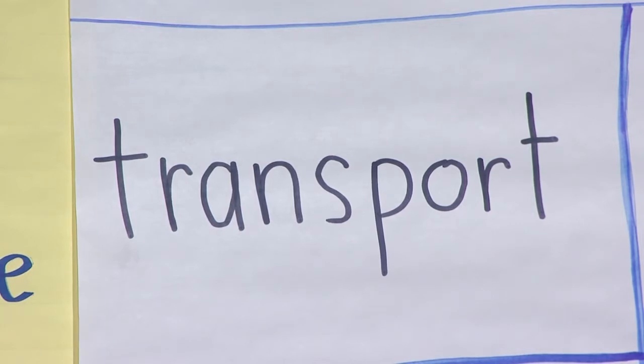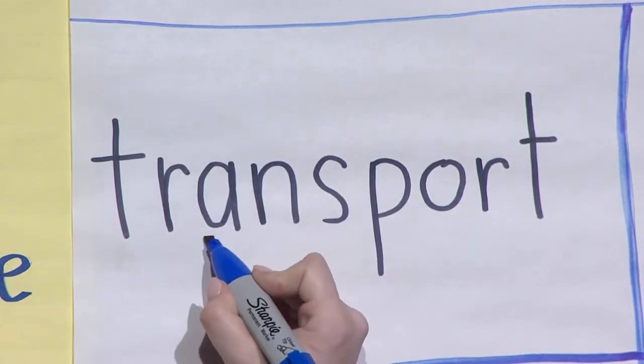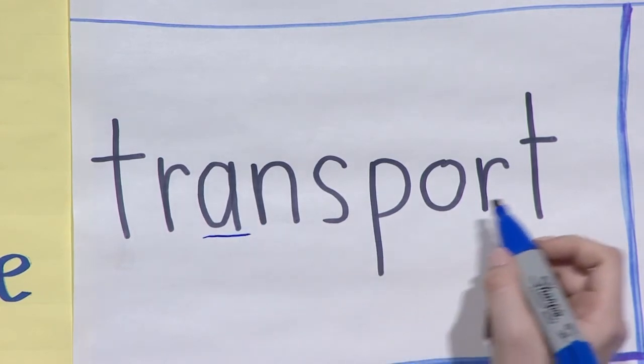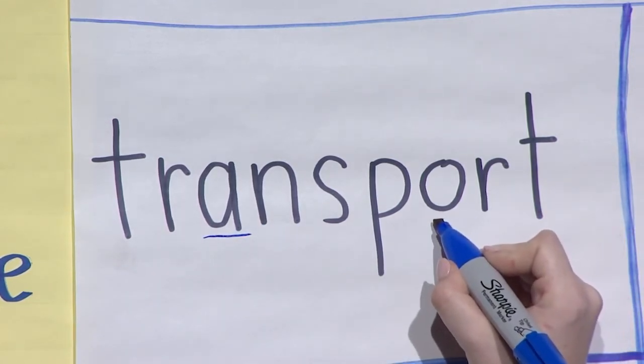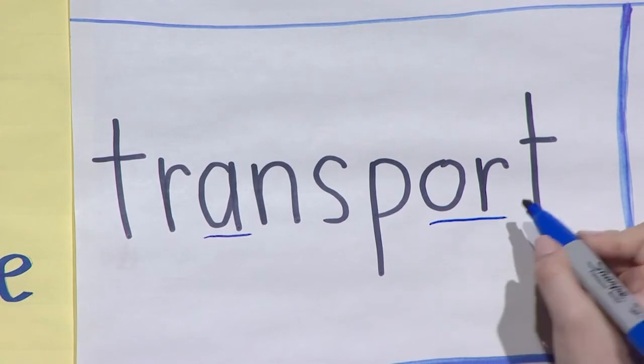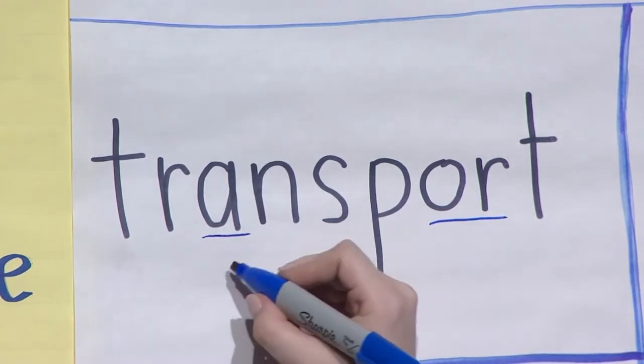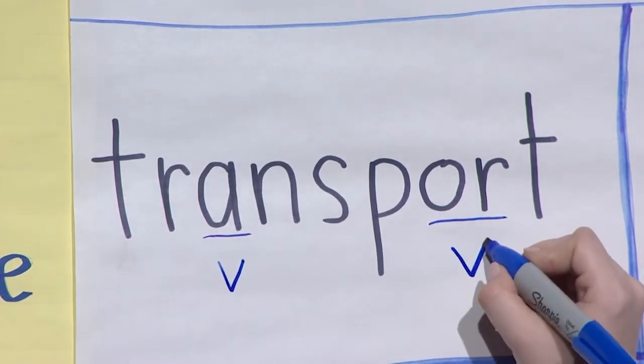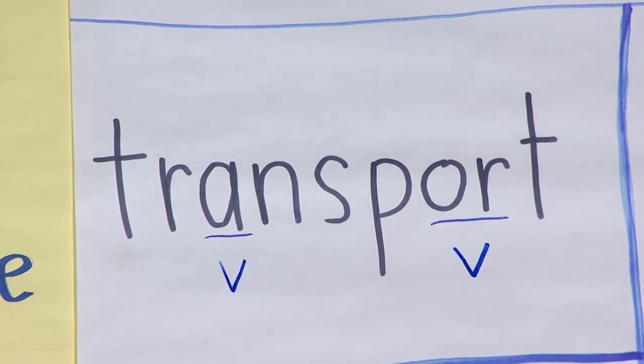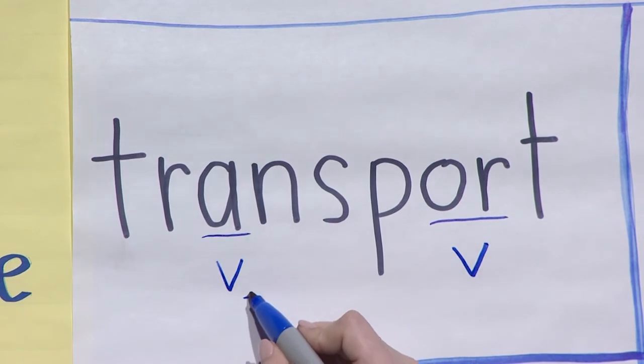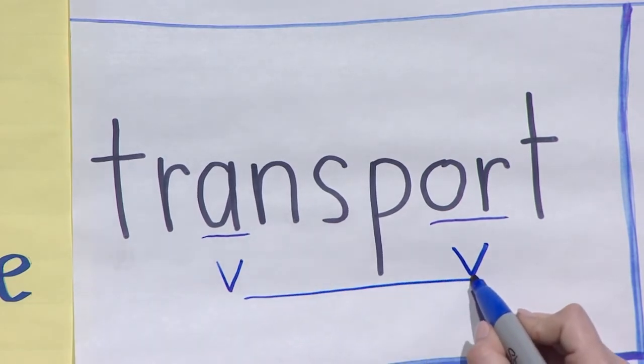We need to label the first two vowels we see. So what two vowels do you see? I also see vowel A and R-controlled OR. Let's label those with a V. Now we need to draw a bridge and connect those vowels.